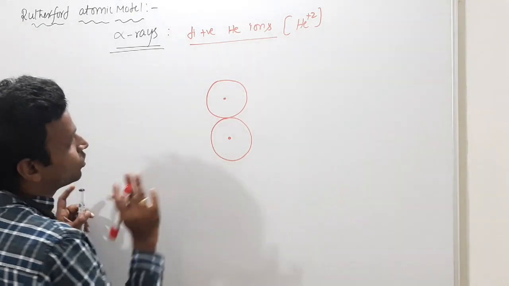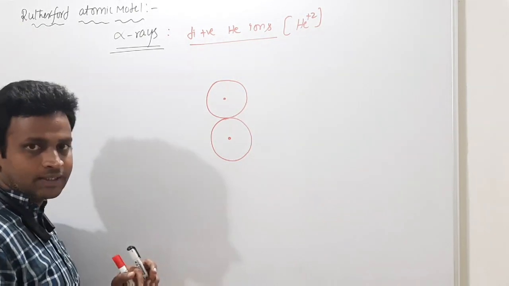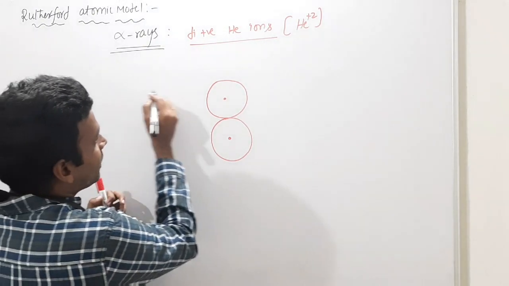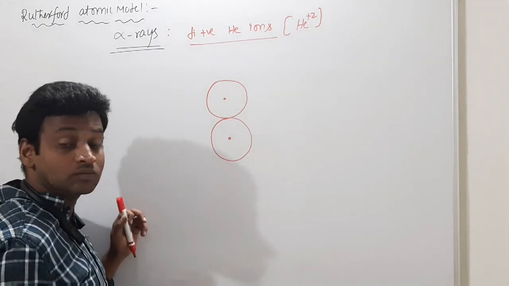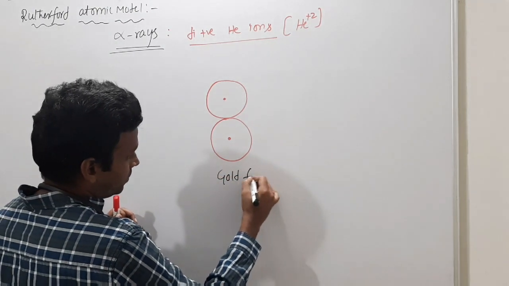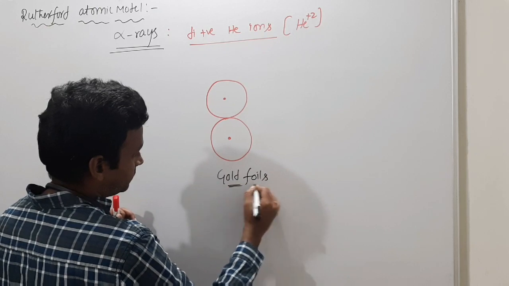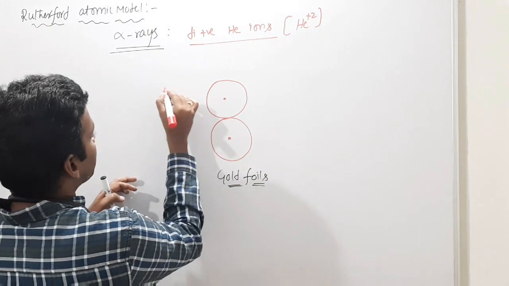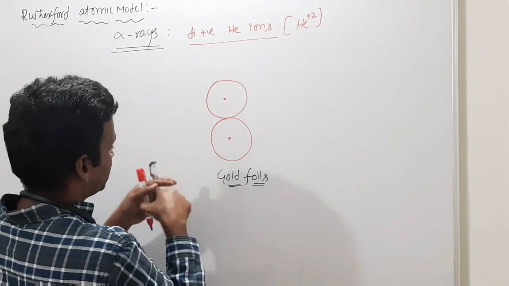Through the gold foils he sent alpha rays like this.